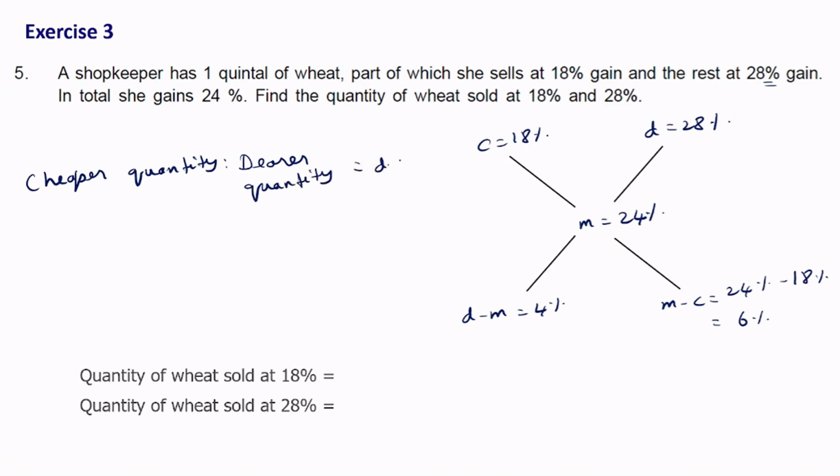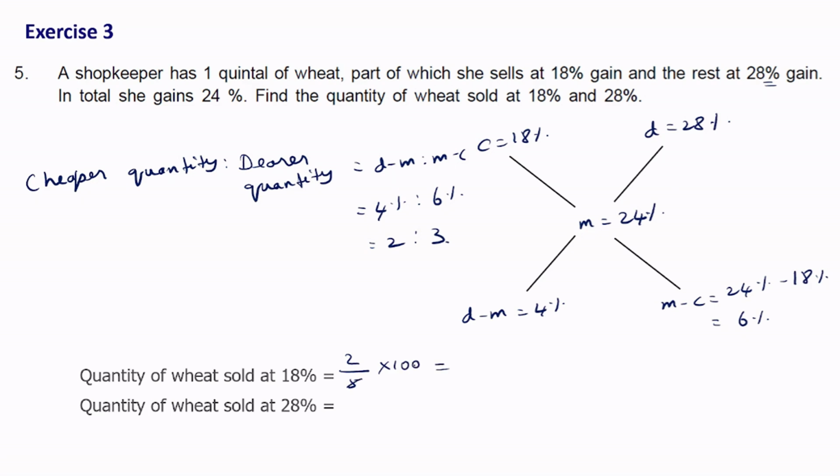It is D minus M is to M minus C, which is 4% is to 6%, or it is 4 by 100 is to 6 by 100, which is 2 is to 3. So the quantity of wheat which is sold at 18% is 2 by 2 plus 3, which is 2 by 5 into 100.